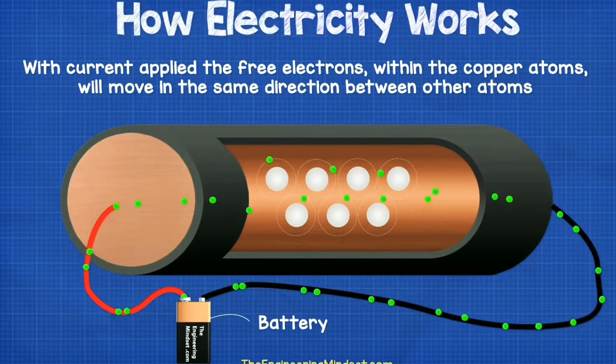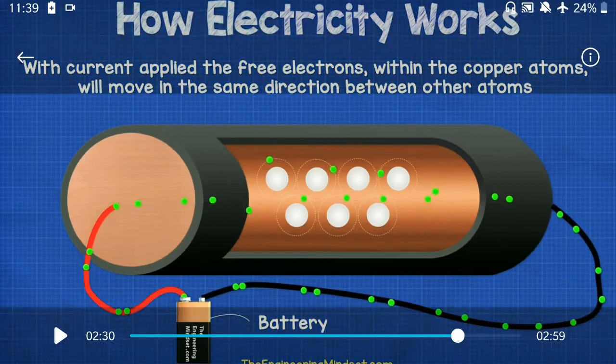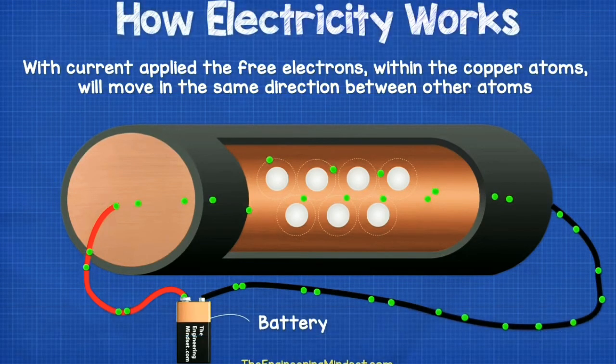Whereas when we apply a proper potential, or an external power supply, or when current is applied, these free electrons will move in the same direction, all the free electrons will follow a particular direction.